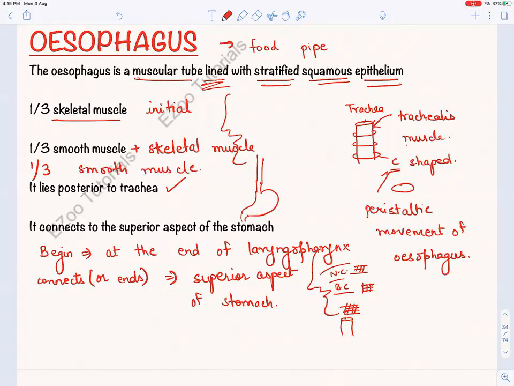If this is the esophagus, we divide it into 3 parts. This part will be made up of skeletal muscle, this will be smooth and skeletal, and this will be made of only smooth muscle. Very easy, very simple structure to understand, but very important.